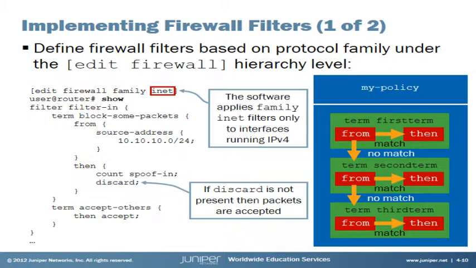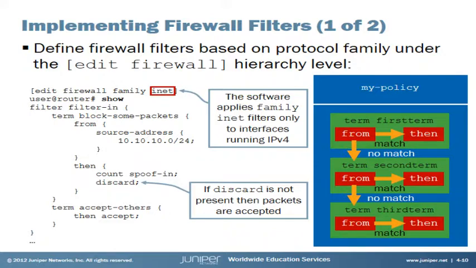Okay, how do we implement a firewall filter? It is under the edit firewall hierarchy. In this case, under edit firewall family inet, so this is going to be an IPv4 filter. Otherwise it would be inet6 if it was IPv6.